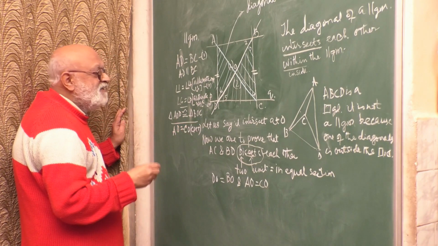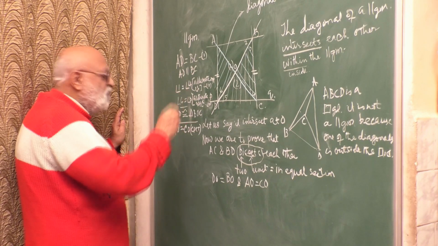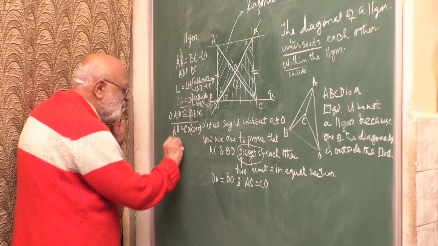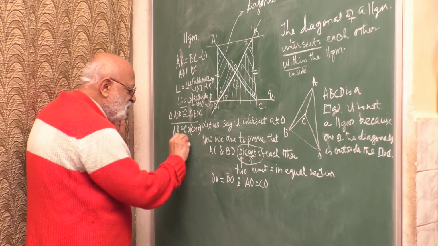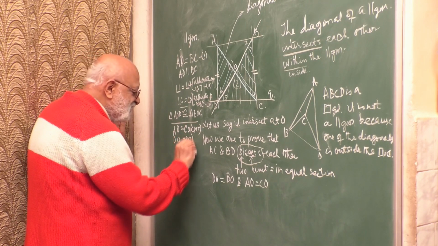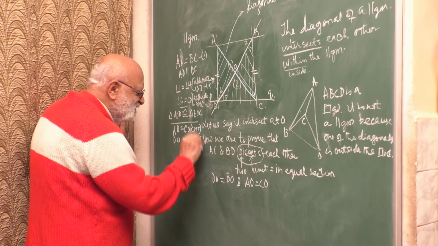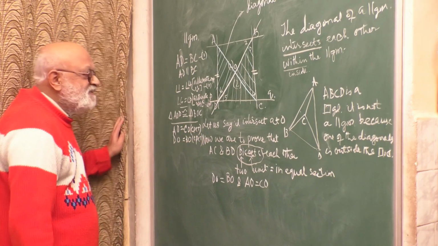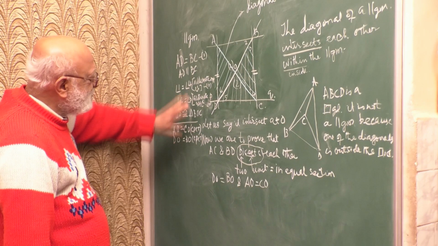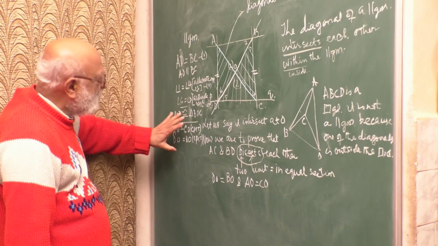And I can write DO is equal to BO. This congruency has been proven.